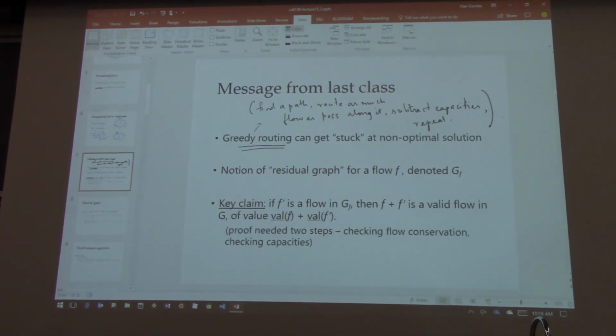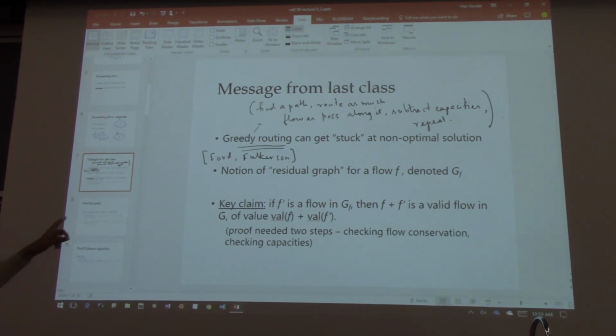Then we said there is this idea of Ford and Fulkerson, and the high level idea is that you can somehow correct the mistakes that greedy has done. The way you do this is by what is called the residual graph. This is what we defined last time. I'll show you the definition again.